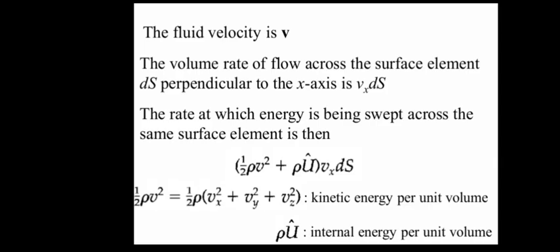We know that fluid has a velocity v. The volumetric flow rate across the surface element dS, which is perpendicular to the x-axis, is given by vx into dS, where vx is the x component of fluid velocity. This makes intuitive sense. The faster the fluid moves in the x direction, or the larger the area, the greater the volume of the fluid crossing that surface per unit time.